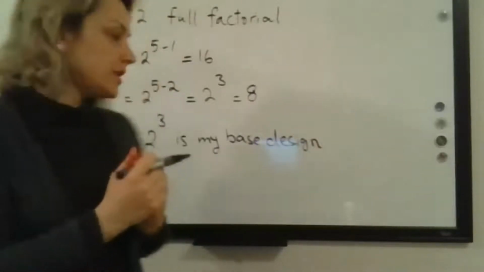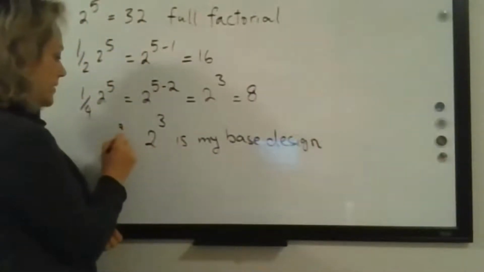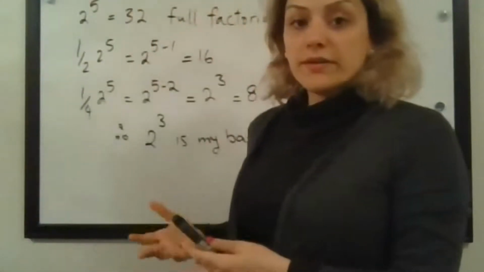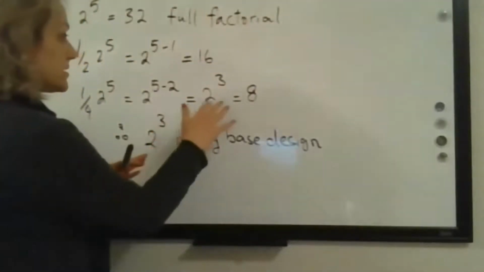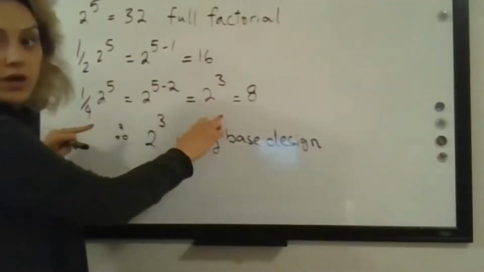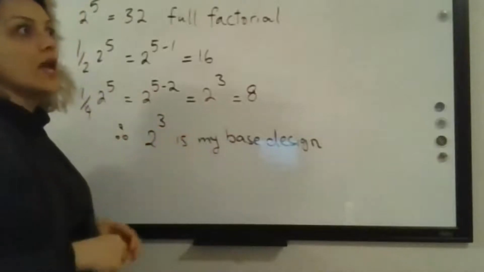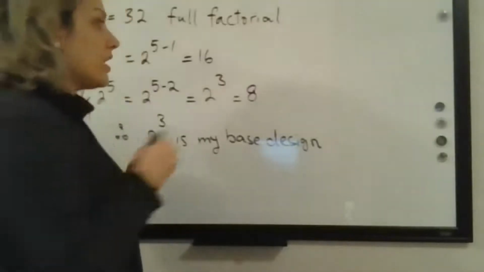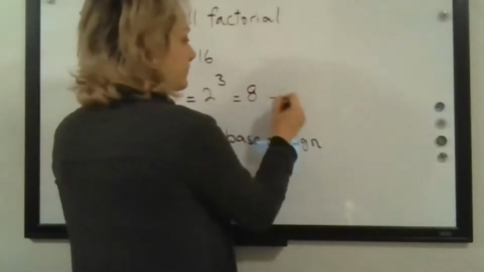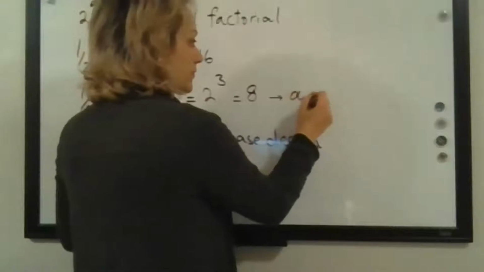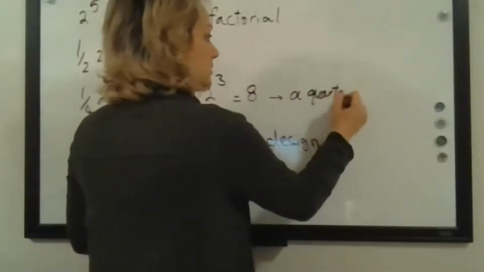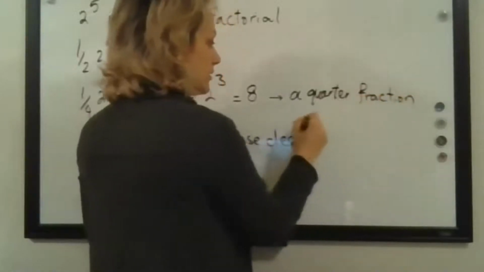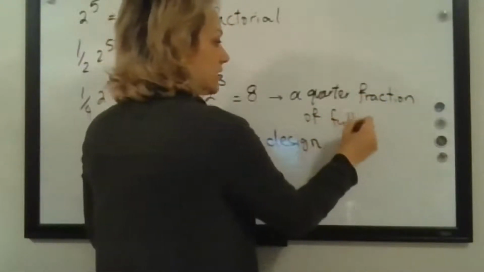So now we have our base design. The other thing that you can say is that this is a quarter of the full factorial, or a quarter fraction of our full design.